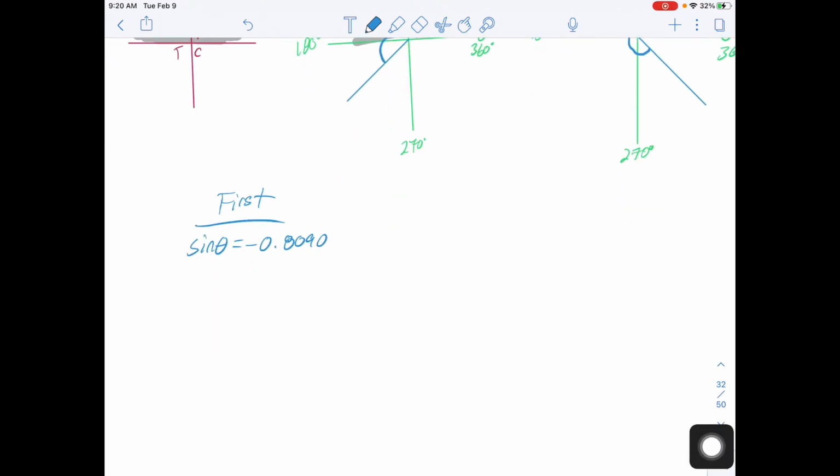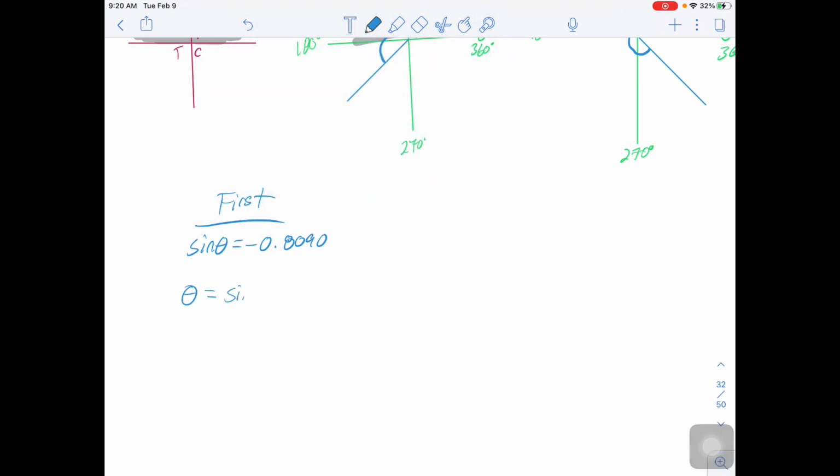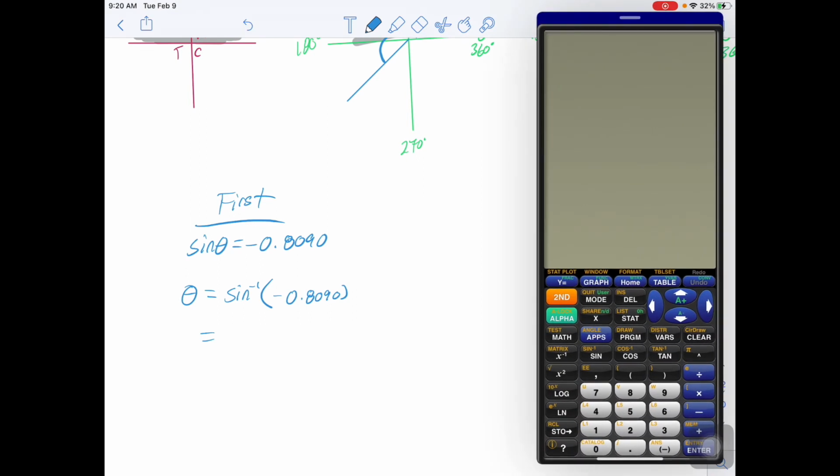Now, the biggest thing to recall is that your calculator is not as smart as yourself. So when we take the inverse of this ratio, let's make sure we apply the negative value here. We have to be aware of a few things. So what are we going to be aware of here? We're going to be aware that our calculator only is going to spit out one solution. And that solution may be one of these answers, or may actually be a negative angle, which is not what we're wondering about. So let's plug this in.